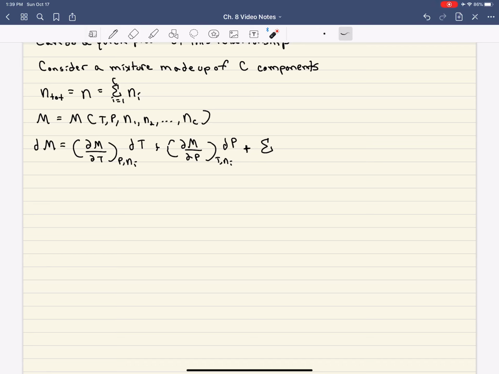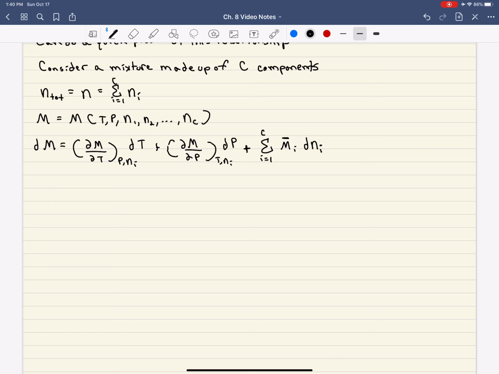Okay? And as we've seen before, the partial derivative of M with respect to the moles N_i is just the definition of the partial molar quantity. And so this third term is actually going to be a summation of all the partial molar quantities, and then dN_i here. Okay? Alright, and so that's just the total derivative of M, so that's just pure math right there.